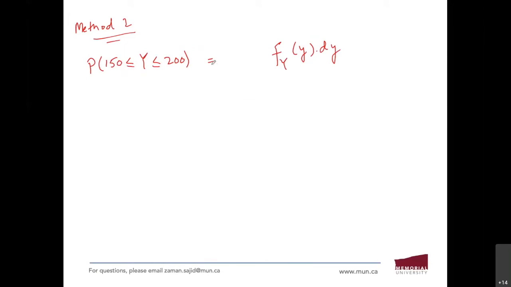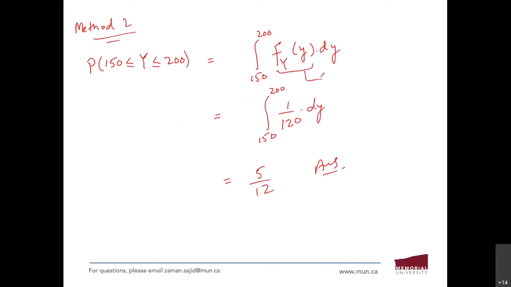This is the PDF of your y, and it should be integrated between 150 to 200. Now this is 1 over 20. Now once you solve this, you get the same answer as 5 over. Now this one, 1 over 20, we did it in lecture number 10.